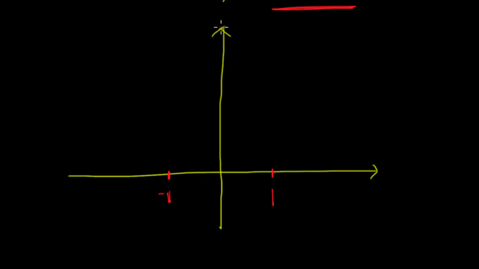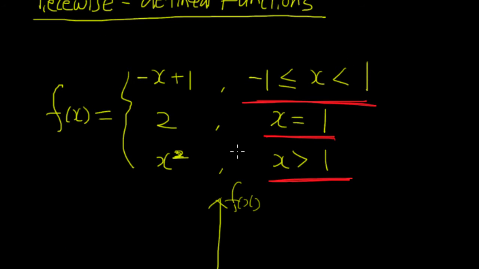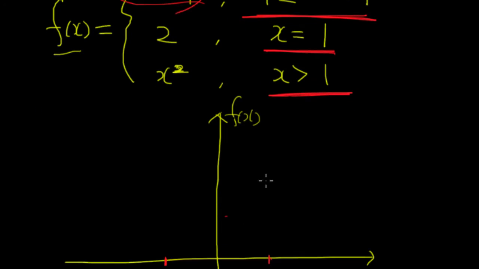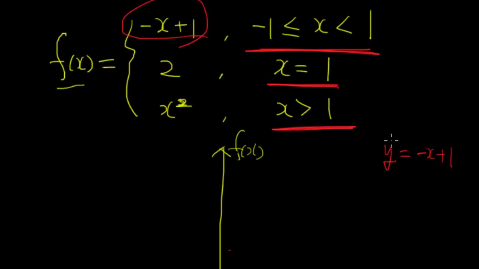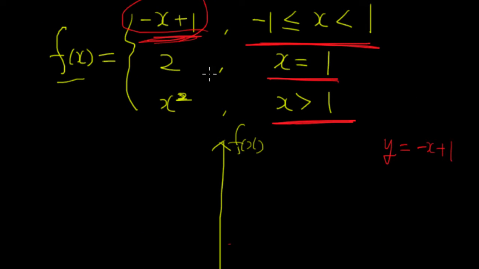So let's say that's f of x, and this is x. When x is between negative 1 and 1, what's our f of x? Our f of x is y equals negative x plus 1, something like this between these two.